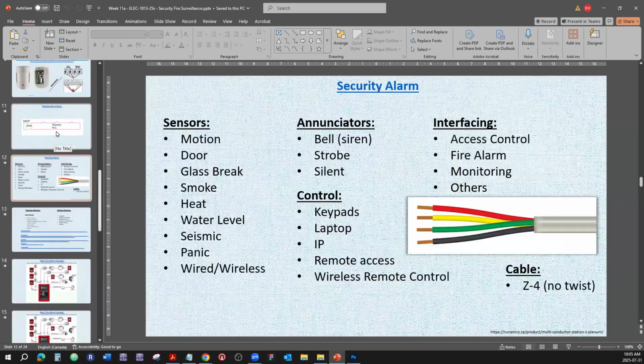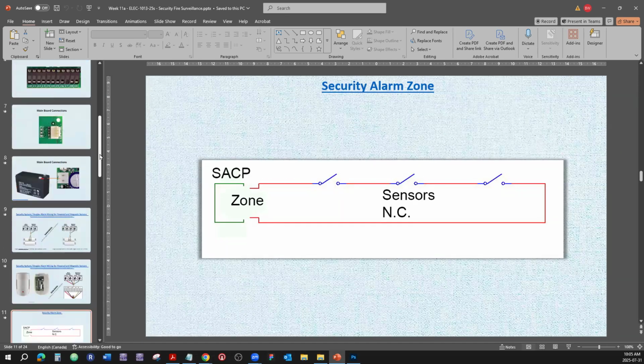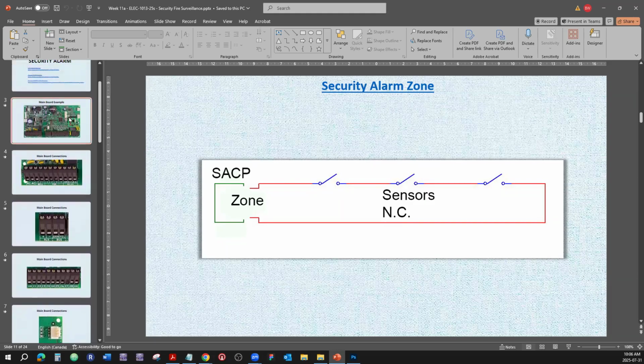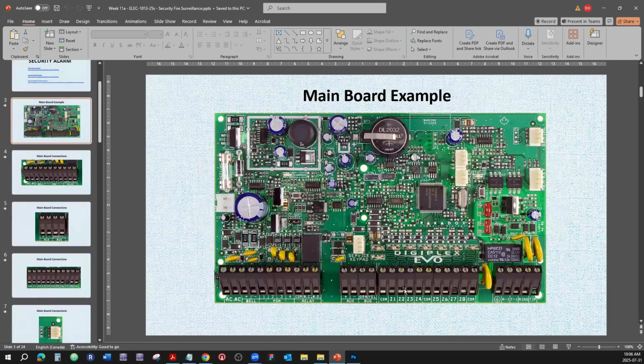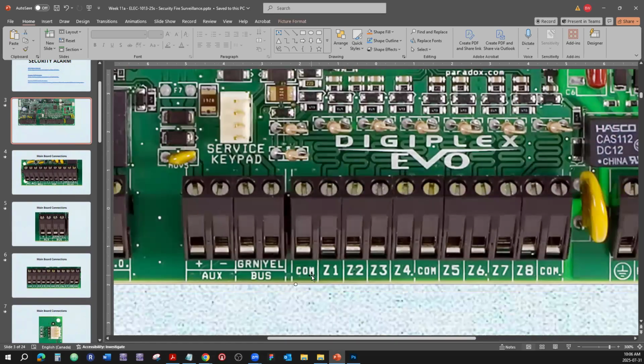So as a review from the last time, the typical zone for security systems is a closed loop. And what is a zone? Right here we have zones. These are the points on the security panel where we're connecting our sensors.